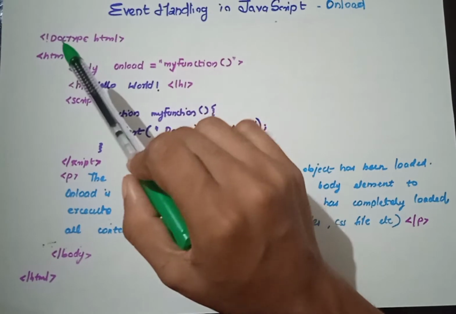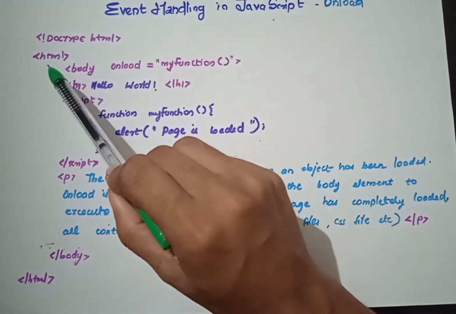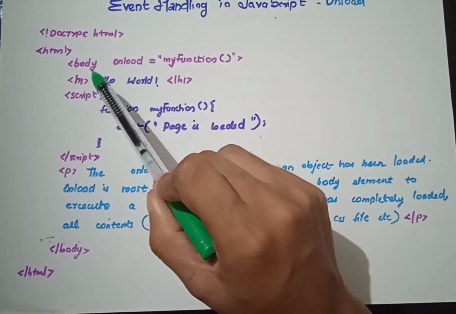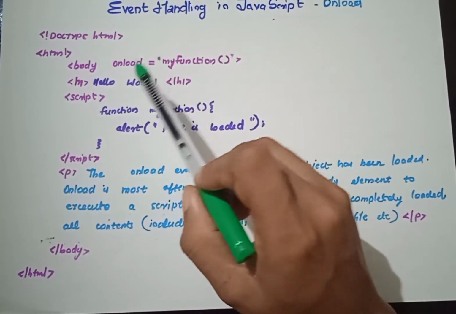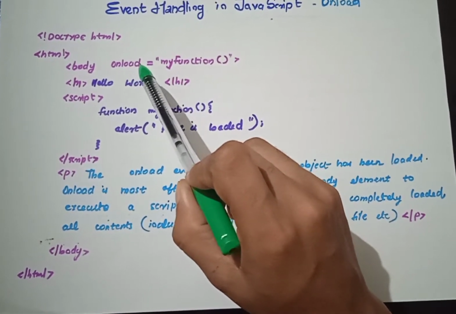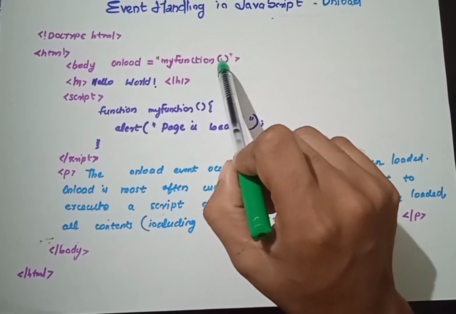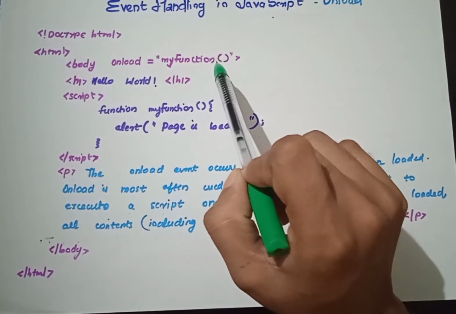So we started with our document type HTML, then the HTML root tag, then inside the body tag you can see an event called onload, and when the onload takes place, another function is to be executed.